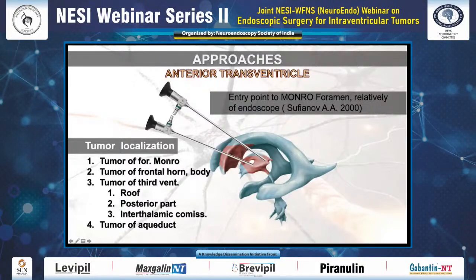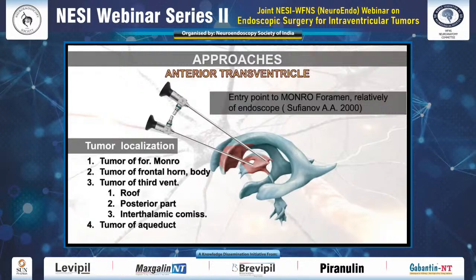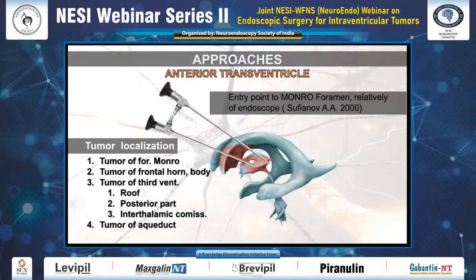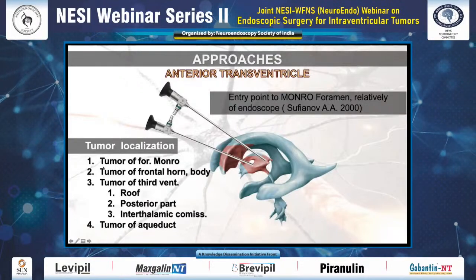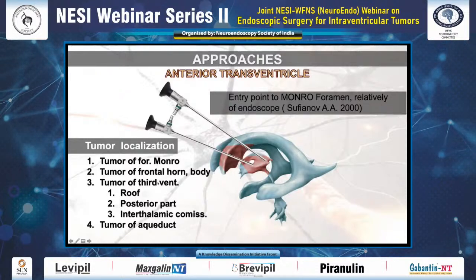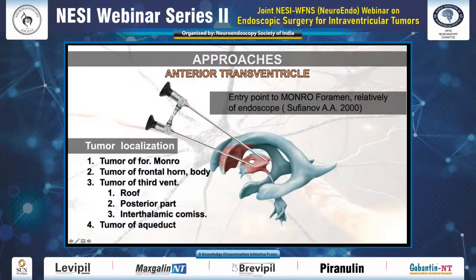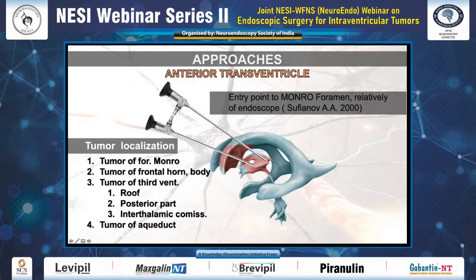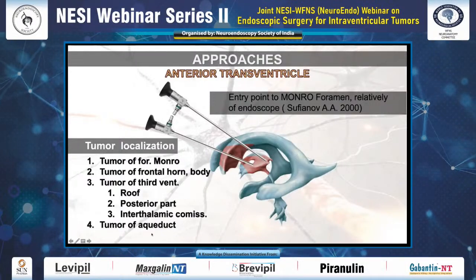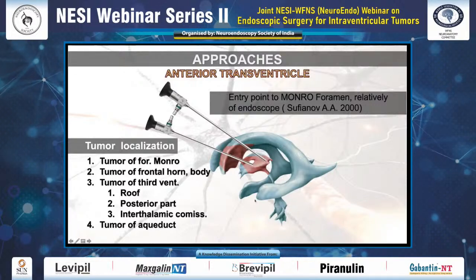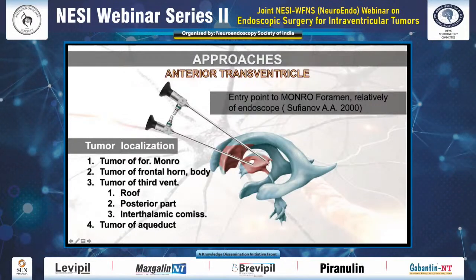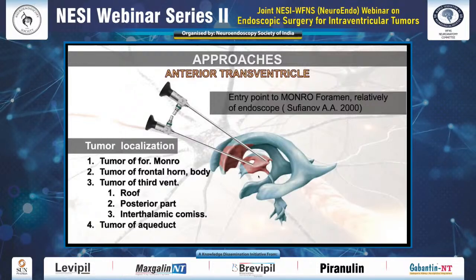For which tumors? Tumors localized near the foramen of Monro, near the inside of the frontal horn, body, third ventricle, especially the posterior part of the third ventricle, interthalamic adhesion, and also for tumors localized in the aqueduct, like you see in this picture.